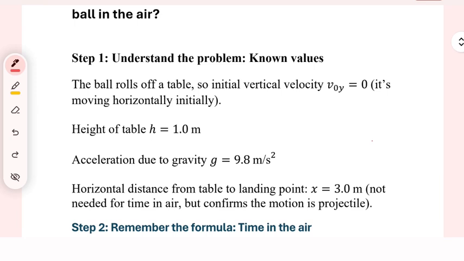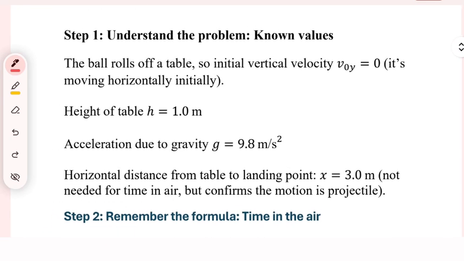So the horizontal distance is also given. The horizontal distance from the table to the landing point of the ball is equal to 3 meters. This is not needed for the time in the air, which is the one required in the problem.